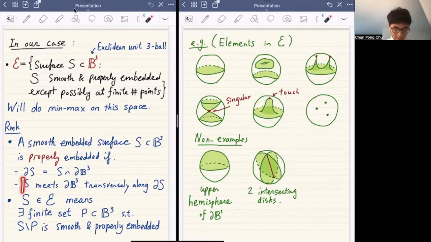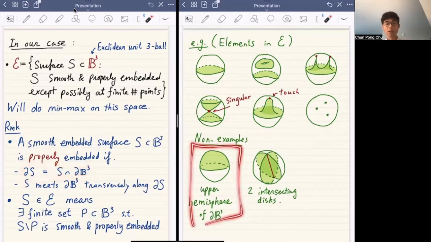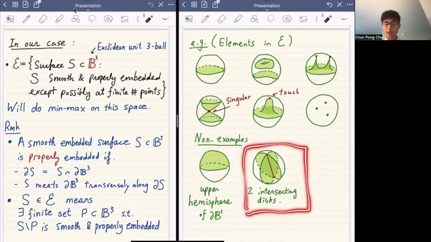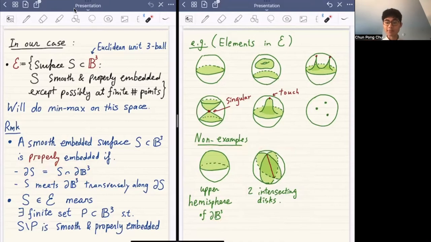That means the first condition is not satisfied. So this element is not in the space we consider. And if you have two surfaces intersecting, that will also not be an example because you have a singular line.